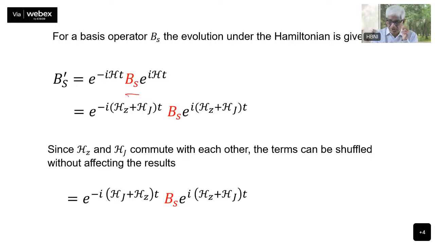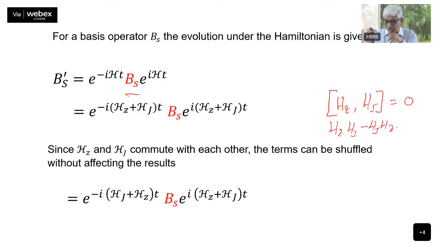I suppose you know what commutation means. If I write the commutator of H_Z and H_J, and this is equal to 0, then we say these two commute. Explicitly, it represents H_Z H_J minus H_J H_Z.